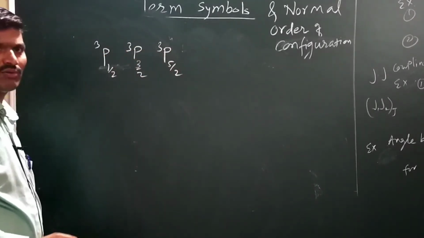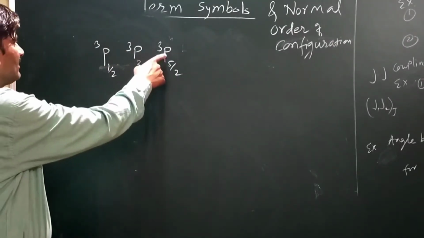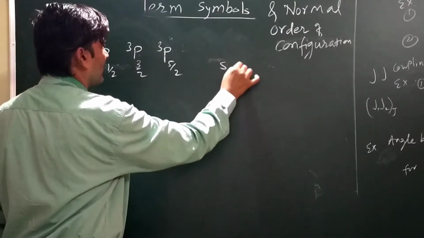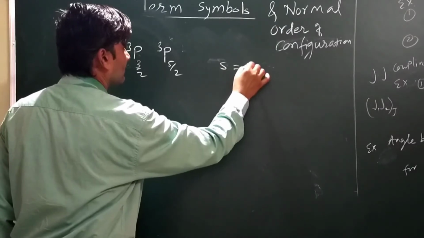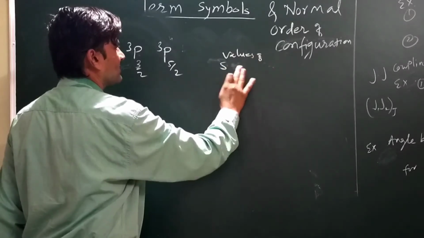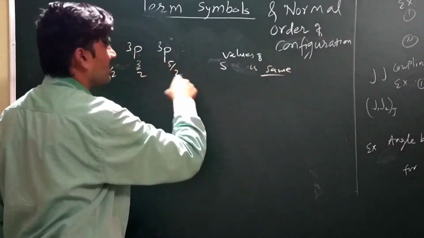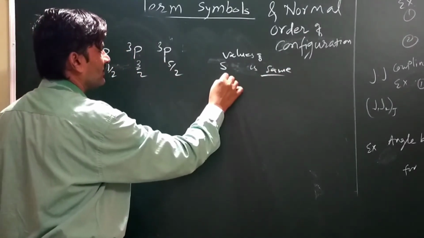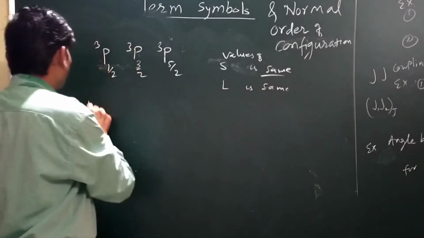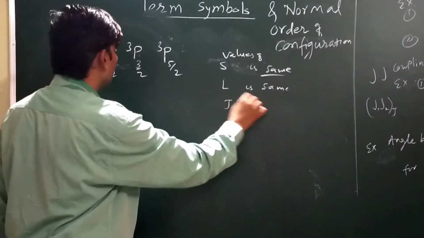For these, the multiplicity is the same, the value of L is the same, and the value of S is the same for all the states of that configuration. The value of J is different for each state.